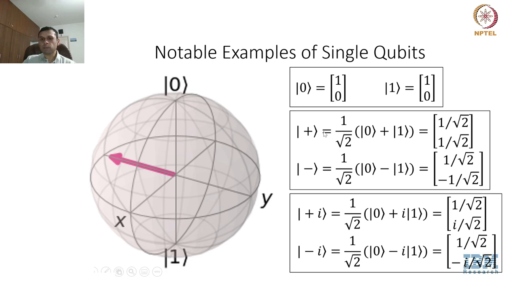Plus i is very similar to plus, except that you have an i associated with 1. Note that when you take the moduli of 0 and 1, square them, and add them, the imaginary part plays no role. So you can do a half, add it to a half, and you get a 1. That tells you that the plus i vector and the minus i vector are also normalized.